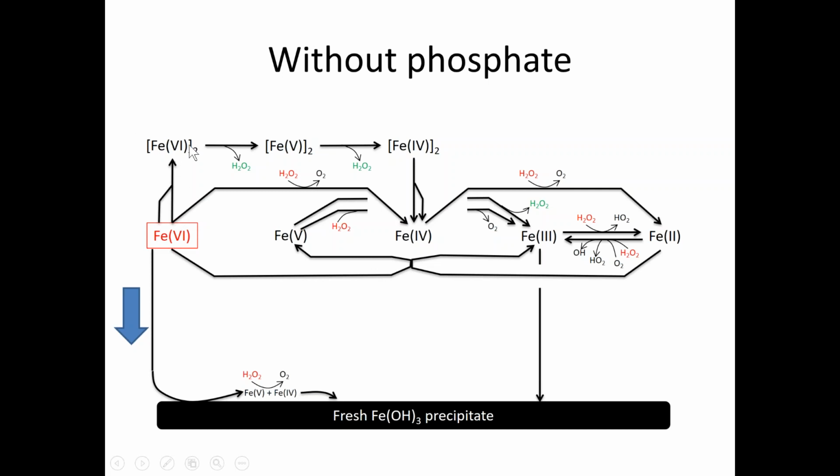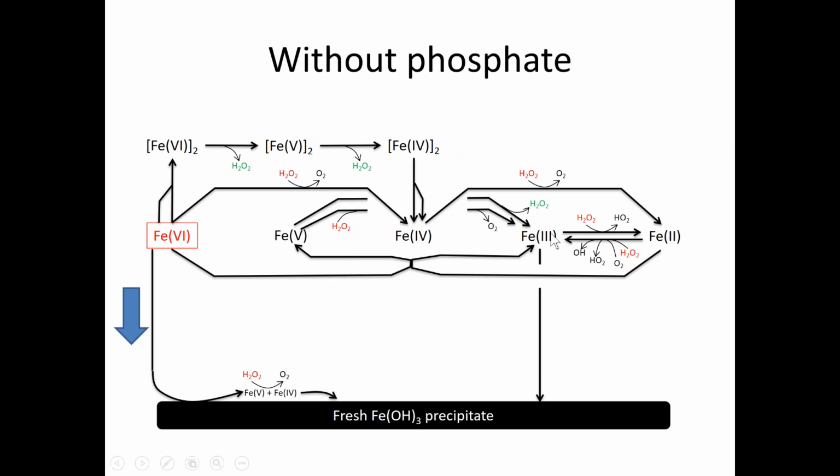It forms what we call dimers, the start of a polymerization. Those dimers react in water, giving off a little bit of hydrogen peroxide. Ultimately, it forms this intermediate oxidation state, Fe+4, and eventually it may go to Fe+2 and Fe+3. But the final resting place for ferrate is Fe+3 under normal water conditions.